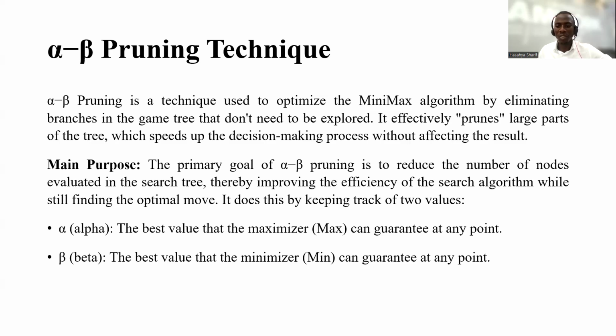The main purpose is to reduce the number of nodes evaluated in the search tree, thereby improving the efficiency of the algorithm while still finding the optimal move. It does this by keeping track of two values. One is the alpha, which is the best value the maximizer can guarantee, and the beta, which is the best value the minimizer can guarantee at any point.